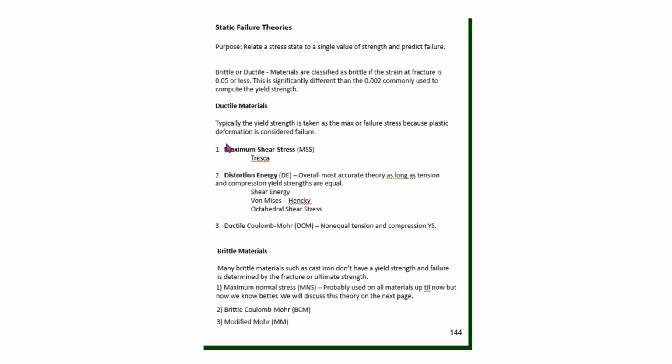So the ductile material failure theories we're going to consider are the maximum shear stress, distortional energy, which also goes by the name of shear energy, von Mises-Hencky, and octahedral shear stress, and then ductile Coulomb-Mohr. Then the brittle materials are the maximum normal stress, and we talked about that one. And then there's brittle Coulomb-Mohr and modified Mohr.